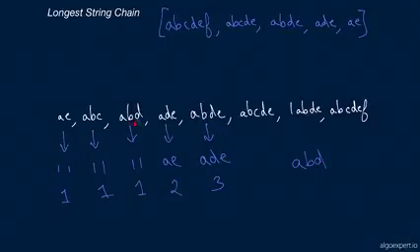ABD has a longest string chain of length 1. So 1 plus 1 equals 2. 2 is smaller than 3. Therefore, the current string chain that we have that points to ADE is better than the one that would point to ABD, because 2 is smaller than 3, and we want the longest string chain. So we can skip this. And now we're done with this string.